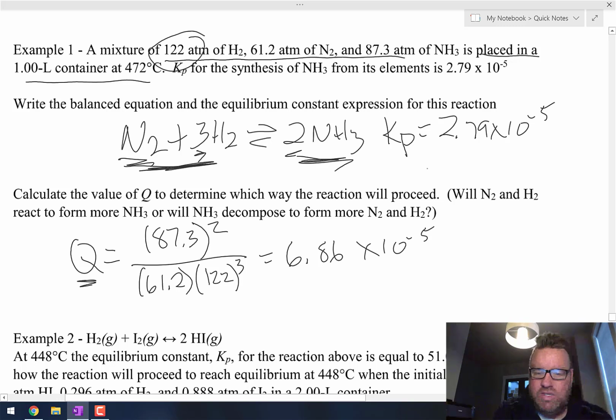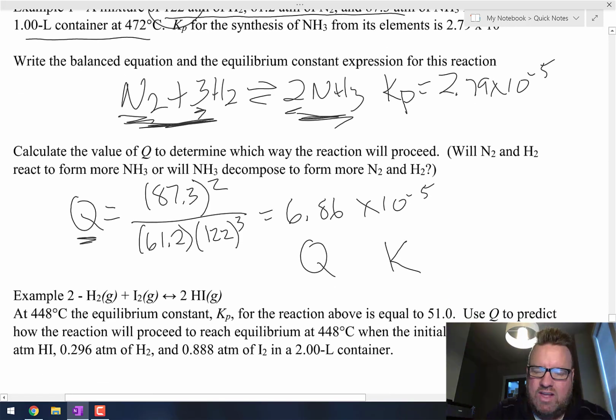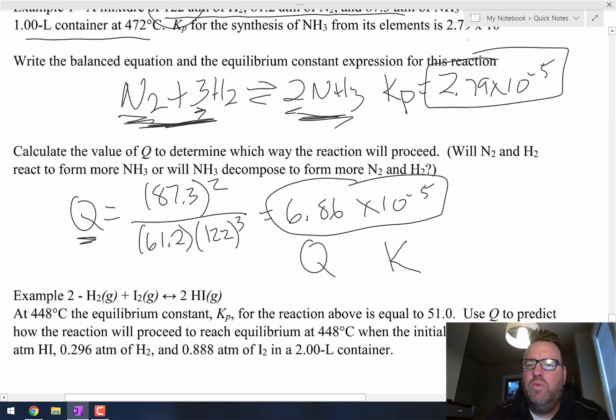Now, again, when you set up the greater than less than, always put Q on the left. Put K on the right, because then the way that the greater than less than sign is pointing will tell you which way the reaction is going to proceed. So, here's the Q value. Here's the equilibrium constant value. Which one's bigger? Okay, 6.86 times 10 to the minus 5th or 2.79 times 10 to the minus 5th. Since the exponents are the same, whichever number is bigger, that's the bigger number.